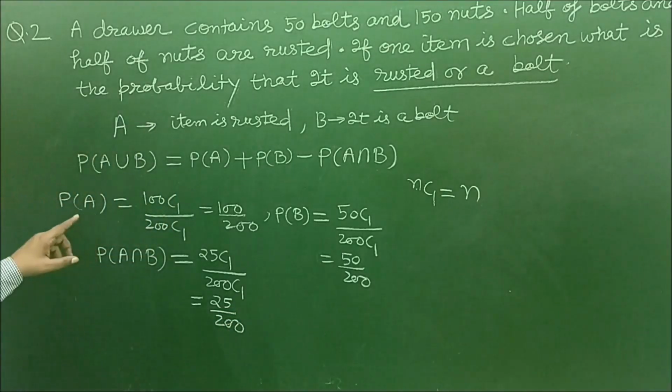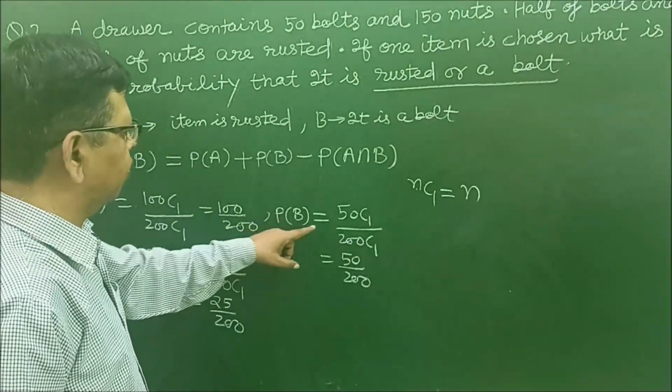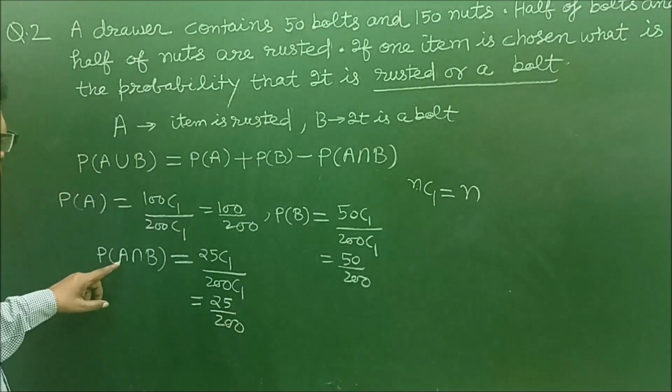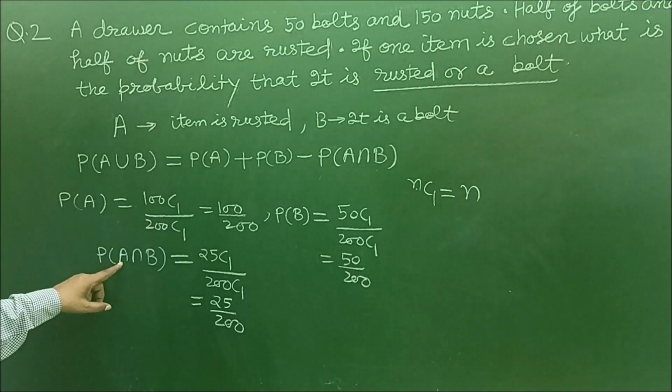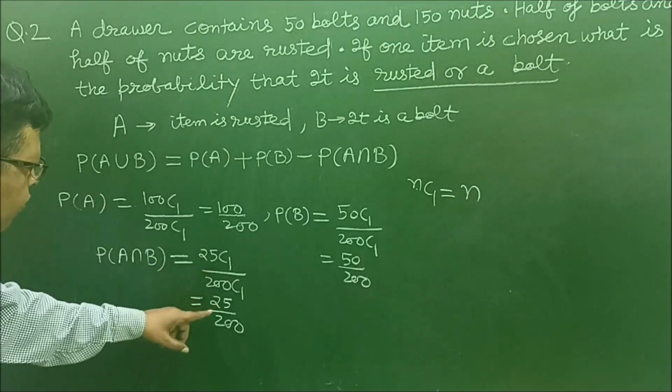Now we have calculated all the probabilities. Probability that the item is rusted, then probability that it is a bolt, and probability that it is rusted and a bolt, then 25C1 upon 200C1.